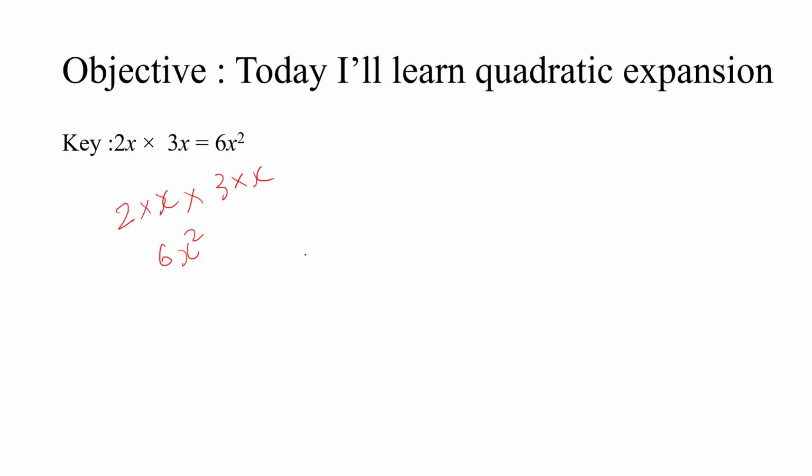And another thing that you ought to know is, if I ask you what is 6x squared plus 7x, what's the answer? Is it 13x to the power of what? No, the answer is just 6x squared plus 7x because they are unlike terms and you cannot combine them together. This is very basic, which I will not go through.